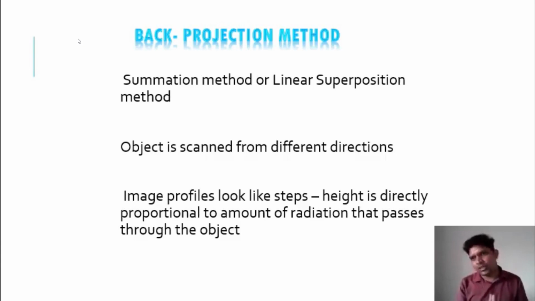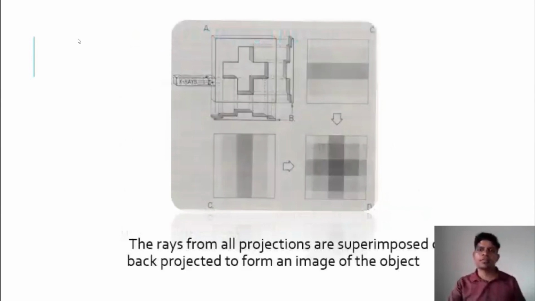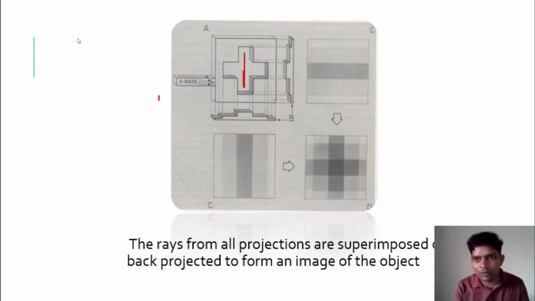Here the object is scanned from different directions, where the image profile looks like steps. You can see in the image here, this is the X-ray and this is the object where X-rays will fall on the object.